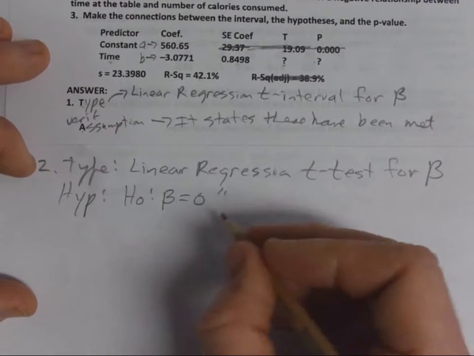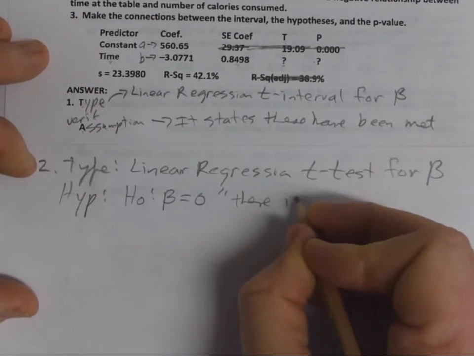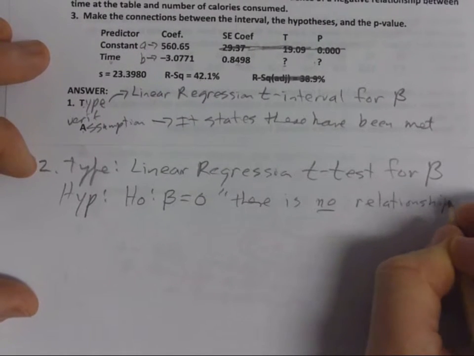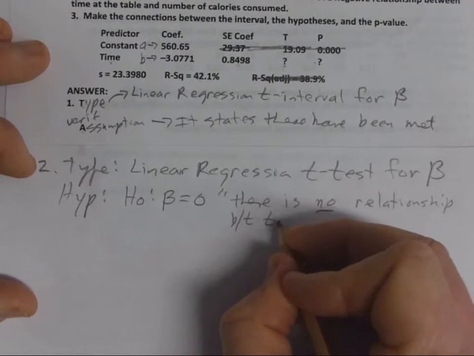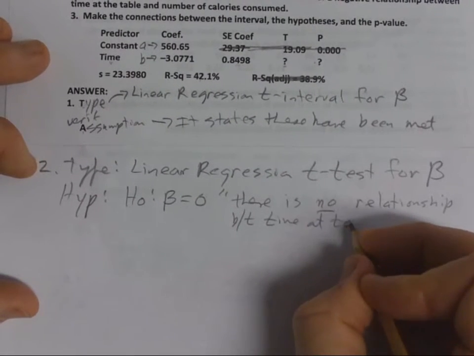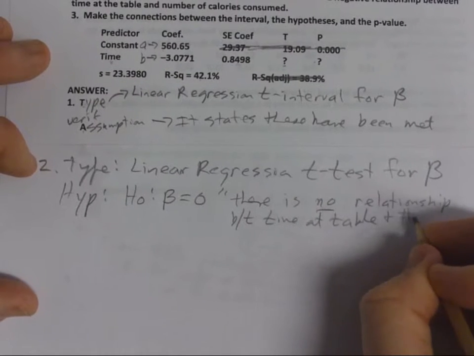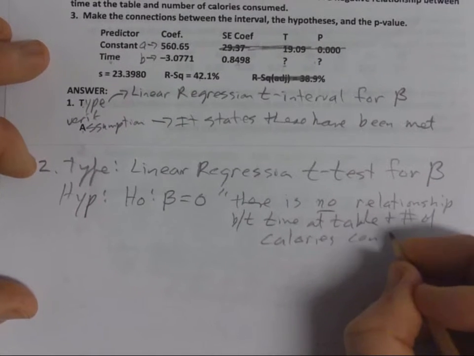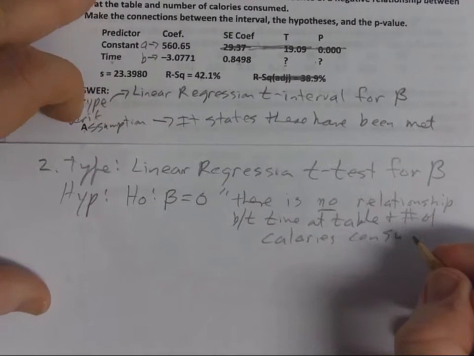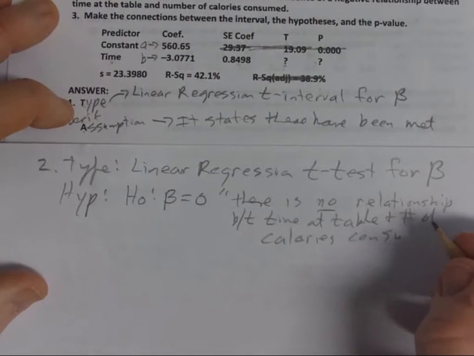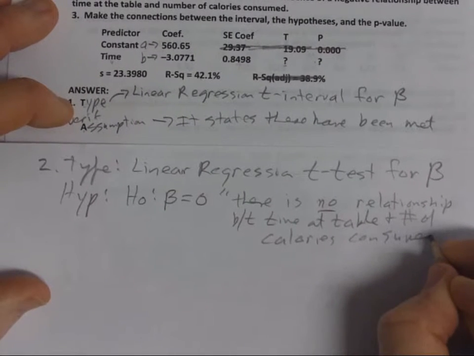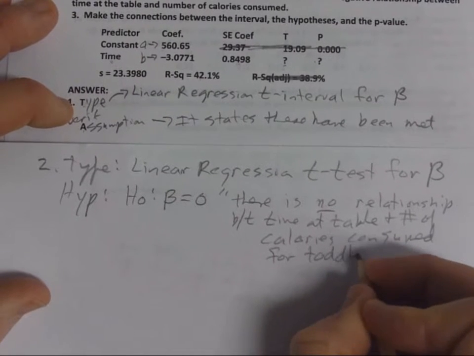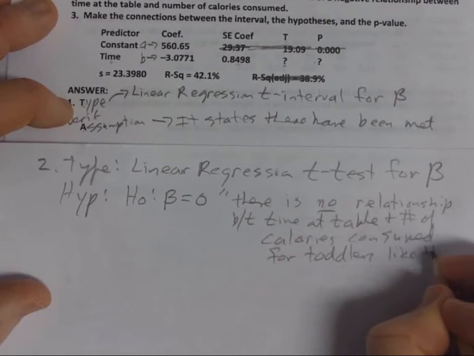And so what that is saying is there is no relationship between time at table and number of calories consumed. In essence, for toddlers like these, I think you could say. It doesn't say how the toddlers were selected. Number of calories consumed for toddlers like these, if you wanted to be complete there, which you need to be, for toddlers like these.